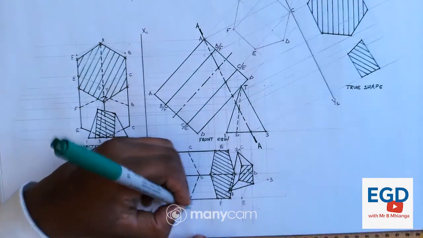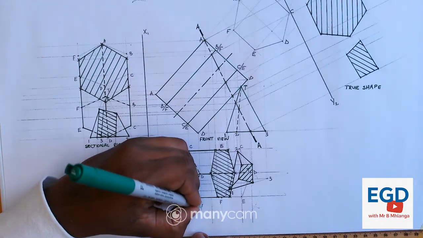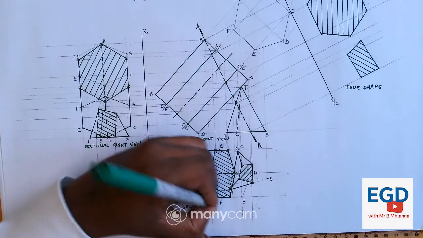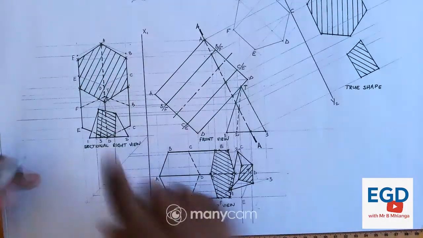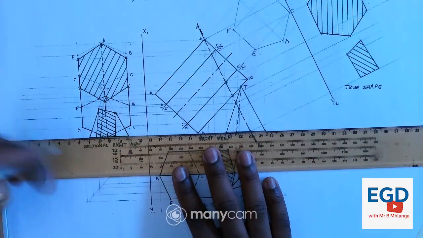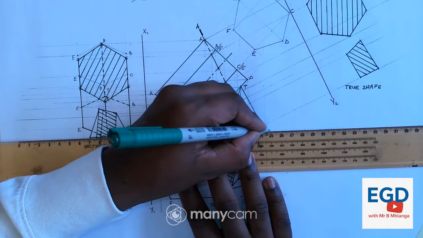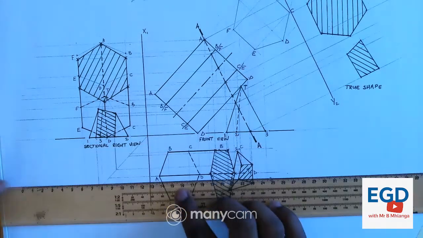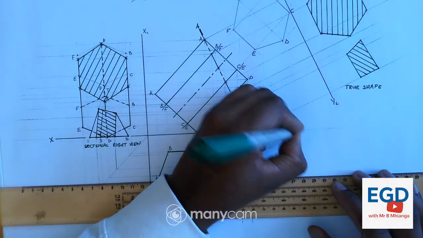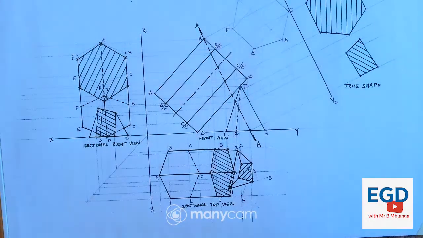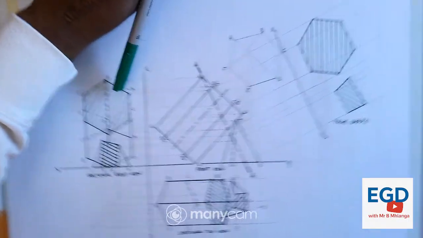And then lastly we have the sectional top view, and then obviously I have to add the XY line there. This is just X, Y. Okay, so this is the complete drawing or answer for this question.